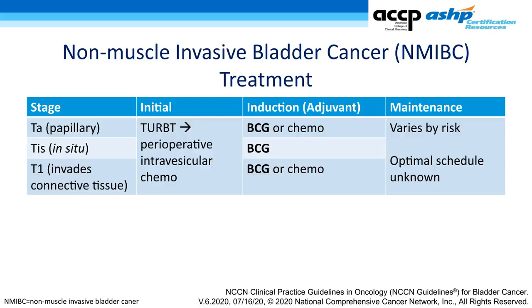Chemotherapy would be an option for papillary or T1 disease, but typically would be reserved for folks who are BCG intolerant or refractory. Following the induction BCG, and the duration of that and the number of cycles, the optimal schedule is unknown. It's followed by some maintenance, and that varies with the patient's risk, and again, we don't know the optimal schedule.